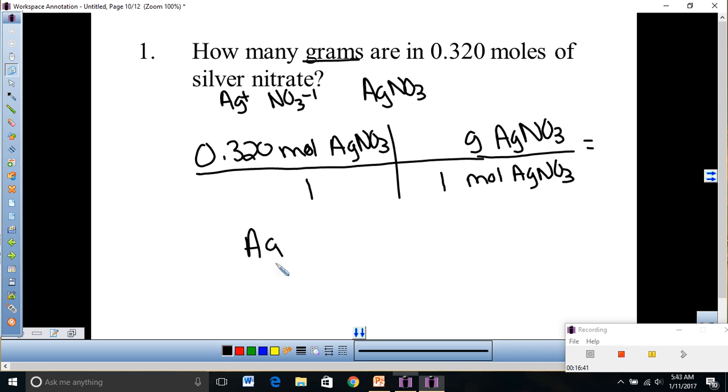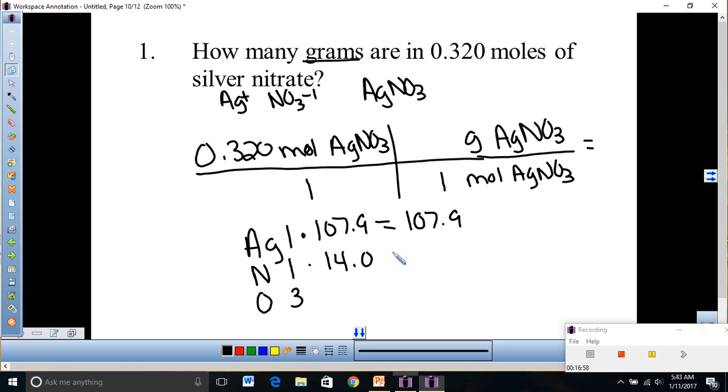So we're going to come down, we're going to write our symbols, and we're going to count. There's one of those, 3 of those. We're going to go to the periodic table. Silver is 107.9. We're going to round to a tenth spot. Nitrogen is 14.0. And oxygen is 16.0. We're going to multiply. These are ones, so we get 48.